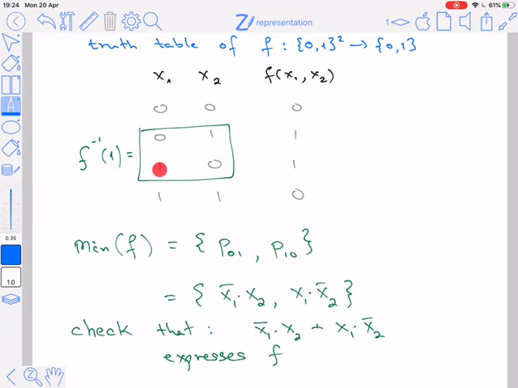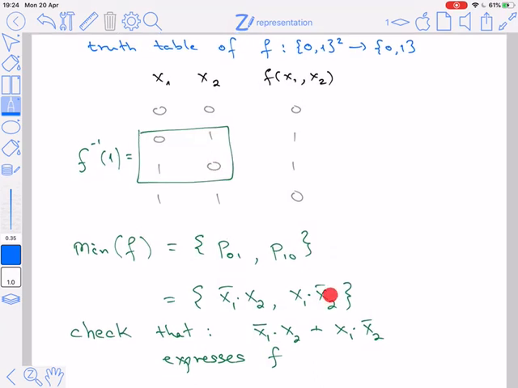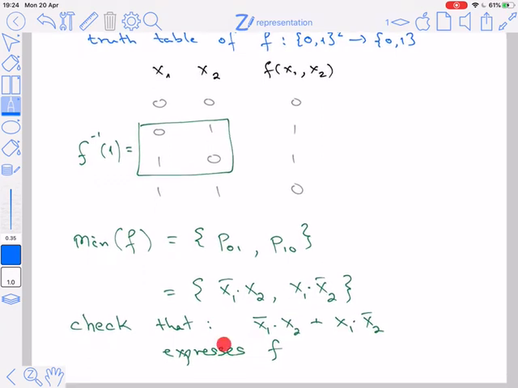In it, x1 is 1, so the literal for x1 is without negation, but x2 is 0, so the literal for x2 is with negation. So the set of minterms of f is these two products. Now, I'll leave it as an exercise to check that the OR of these two products expresses the Boolean function f.